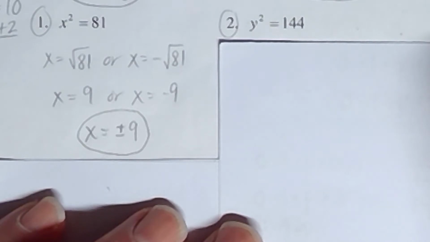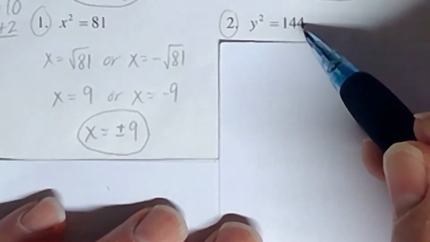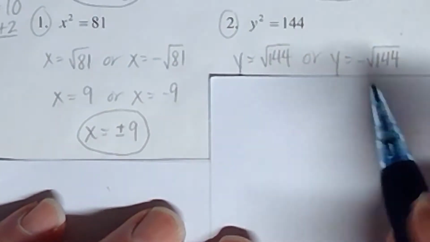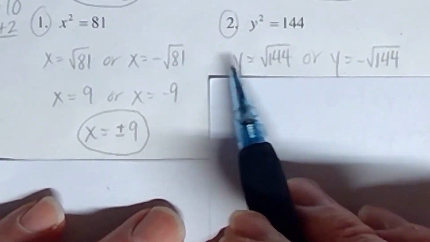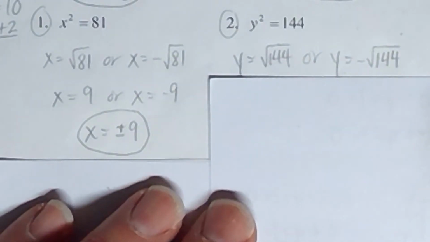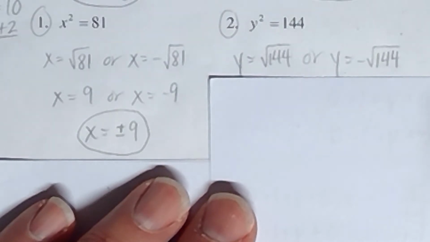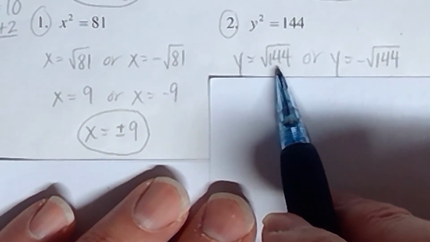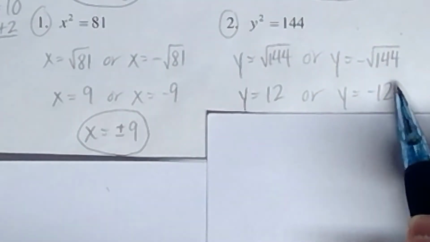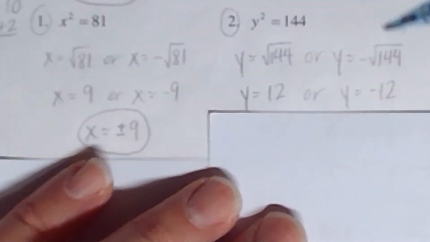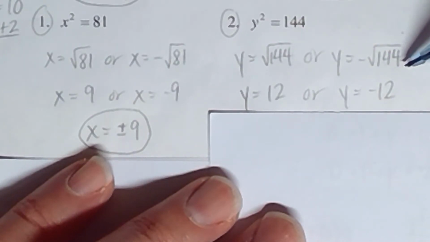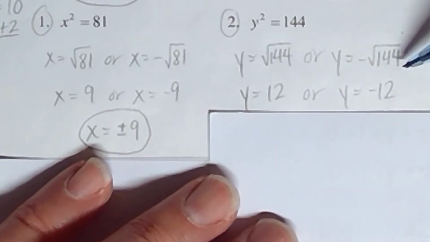Next one here, y squared by itself, no variable on the other side, so we can jump right into the double square root thing. The 2 radicals, the y is now by itself, no exponent anymore. And so we just need to simplify the radical. Since 144 is a perfect square number, that means it's equal to 12, and then that means that this one's negative 12. Because remember, this is -1 times whatever the radical is equal to when it's written like this, like we saw in section 9.1.